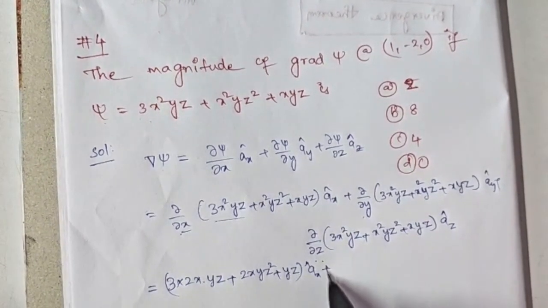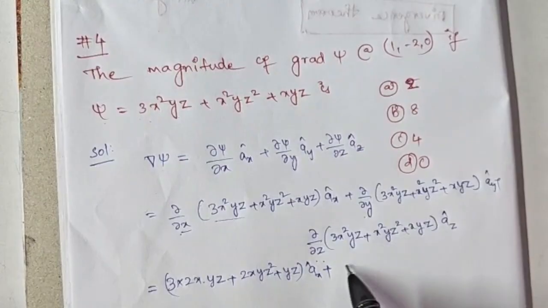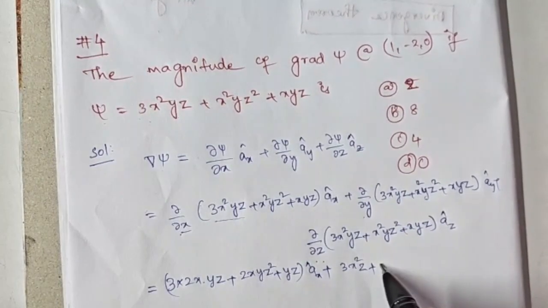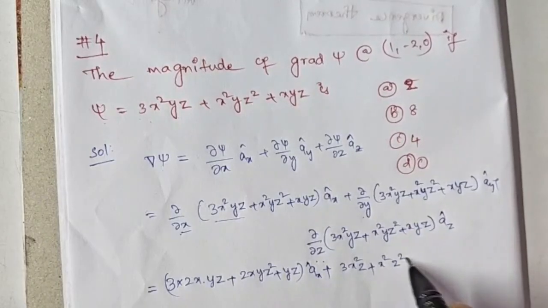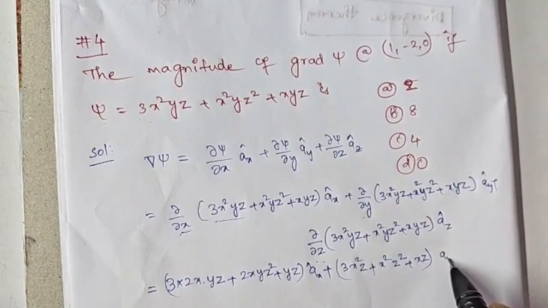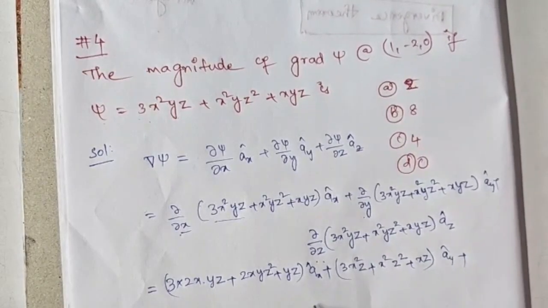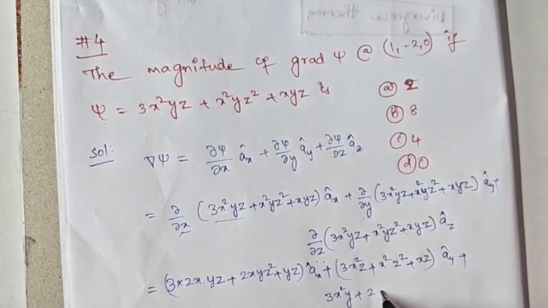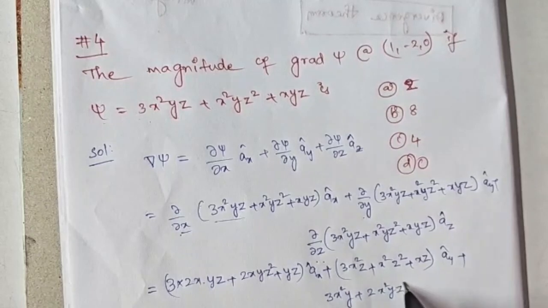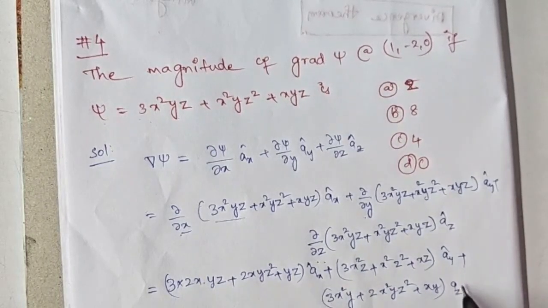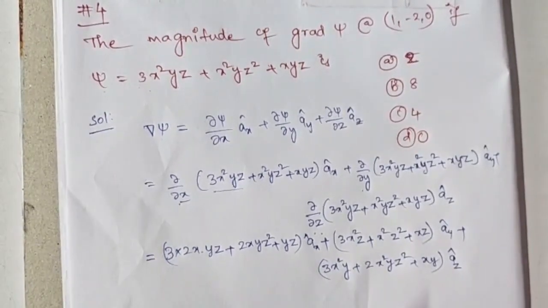Next, with respect to y, it will become 3x square z plus x square z square plus xz ay cap. And third, with respect to z, it is 3x square y plus 2x square yz plus xy az cap.